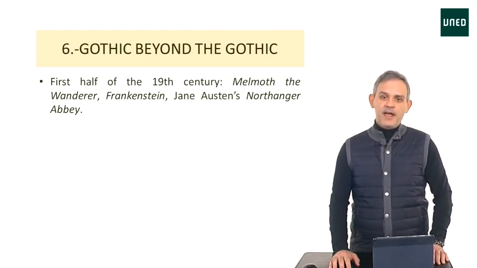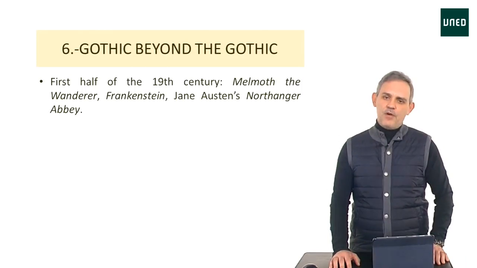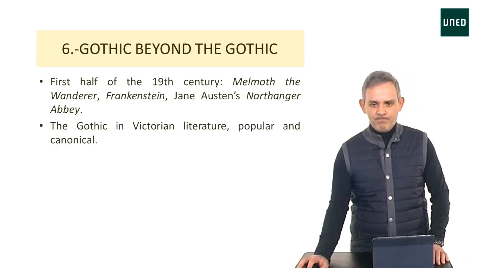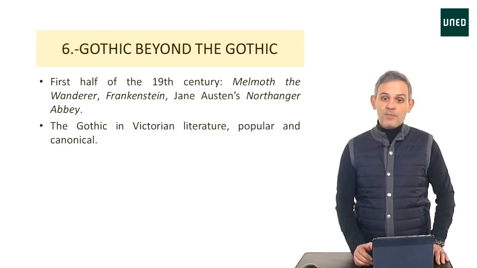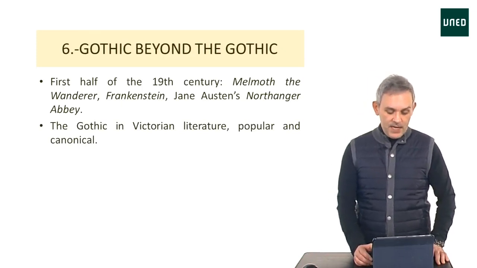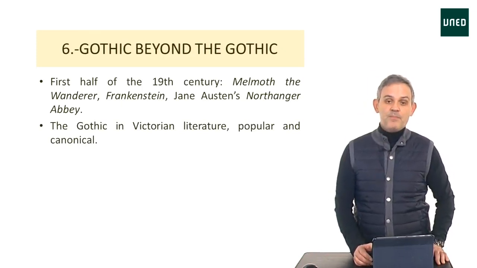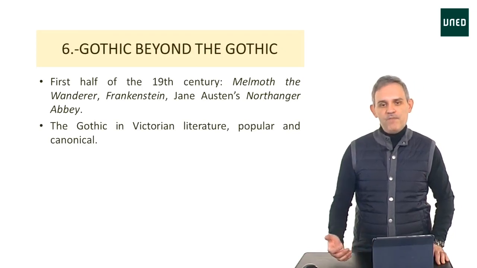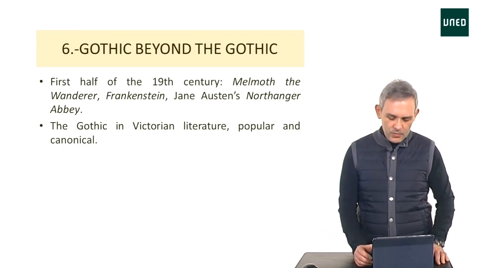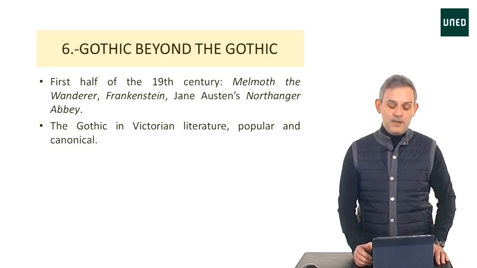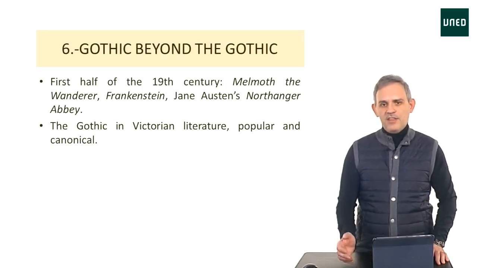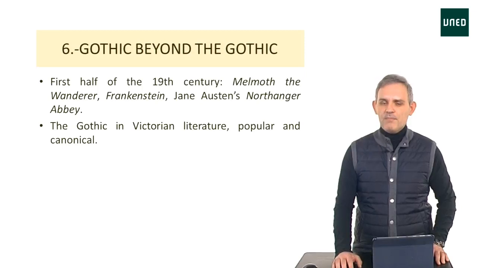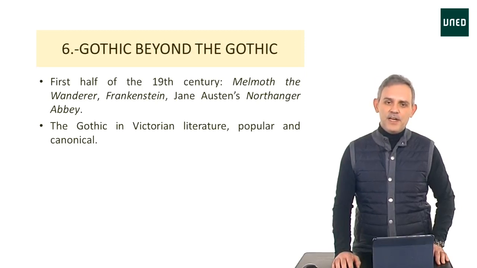Gothicism will remain a very important element of Victorian literature. From the most popular subgenres like penny dreadfuls, shilling shockers, the very successful Victorian ghost stories, to the great novels of the period. We can think of Miss Havisham in Charles Dickens's Great Expectations.